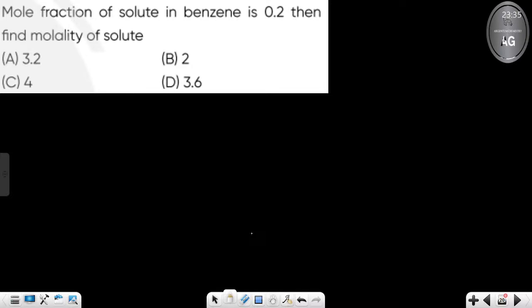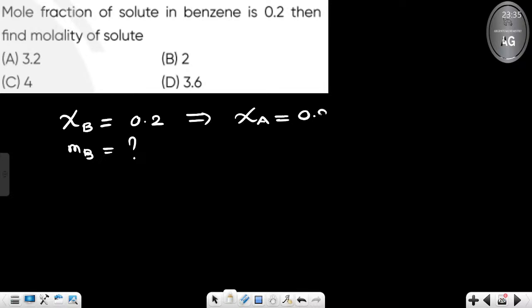Okay, see, what is given first, let's understand. Given is inside benzene, so benzene is the solvent. The mole fraction of solute in benzene is given as 0.2. So it is asking what is going to be the molality of this. From psi B, can I find psi A? What is going to be psi A? 0.8.